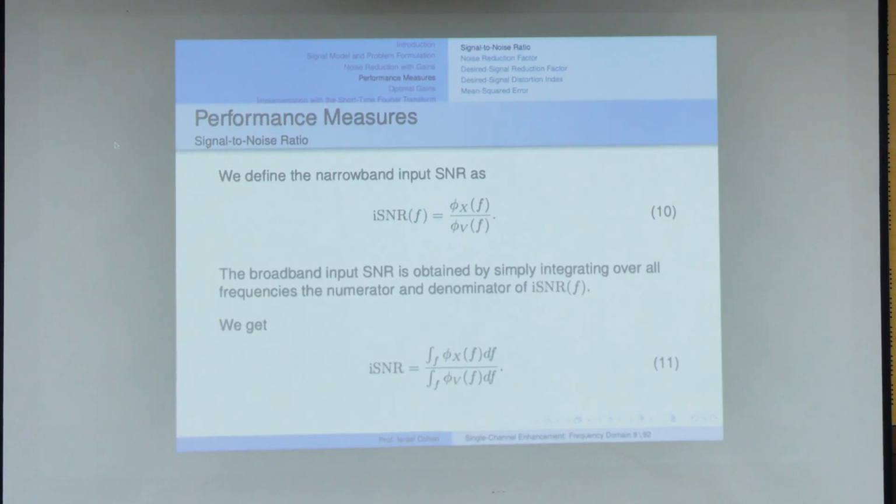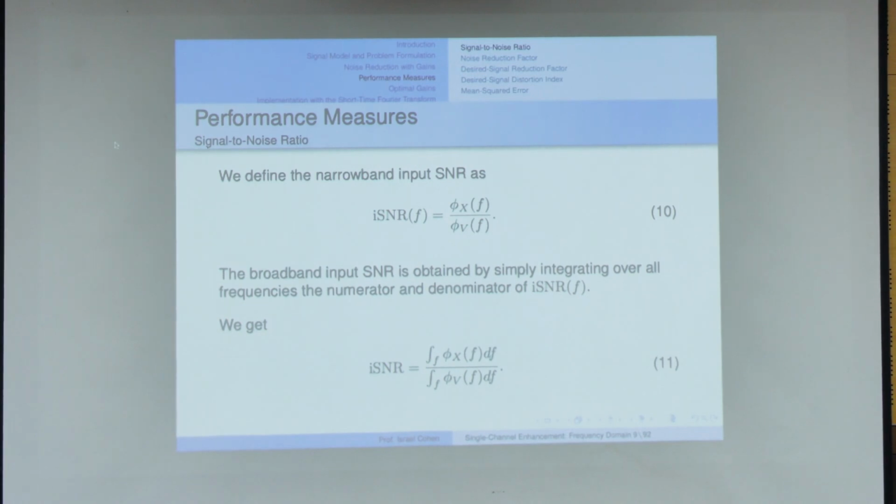Now let's define performance measures. Okay, so of course it's always good to define the input and output signal to noise ratio, which will give us the gain in SNR. So we define the narrowband input SNR. Narrowband means that we compute the performance measure for each frequency.